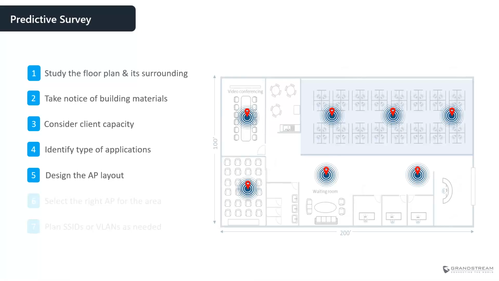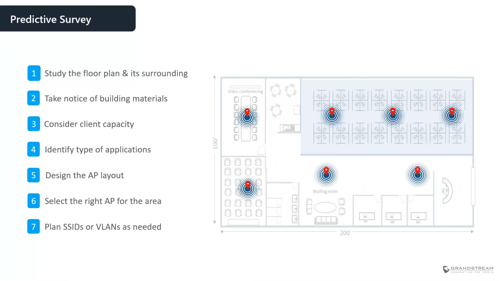For example, in the cubicle area, we can deploy 3 high-density access points to ensure speed and coverage. So selecting the right access point model for your deployment is also important. For instance, in a high-density area, you want to go with the high-density access points that have more spatial streams and provide higher speed.